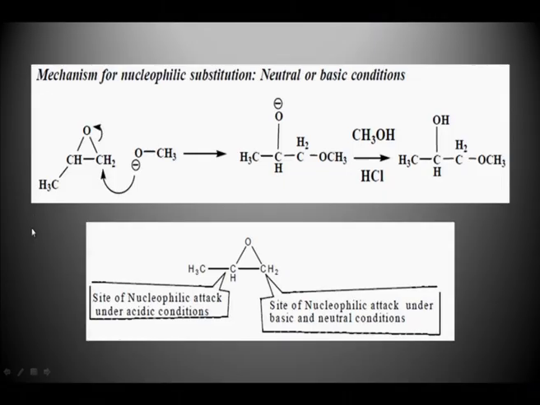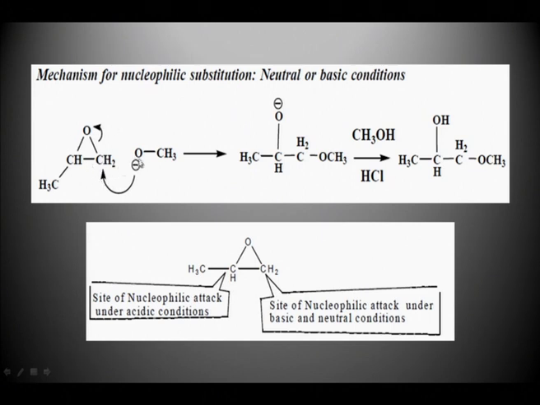Next, the mechanism in the basic medium. Generally, in unsymmetrical epoxides in the basic medium, the attack takes place at the sterically less crowded position. Here the nucleophile, methoxide ion, attacks the sterically less crowded carbon in the epoxide ring.